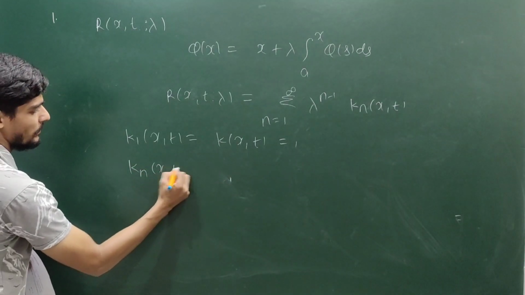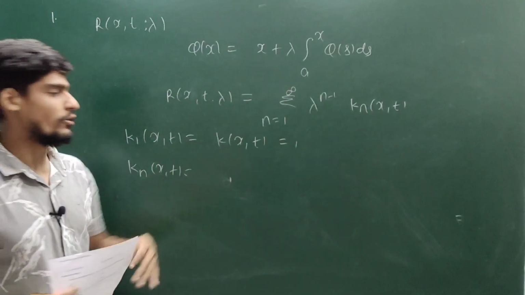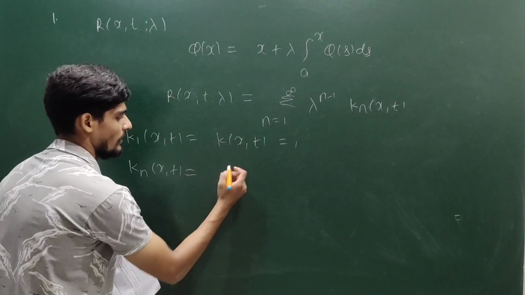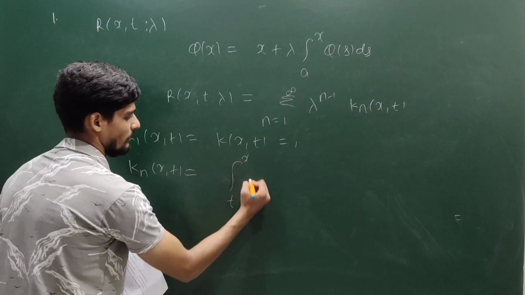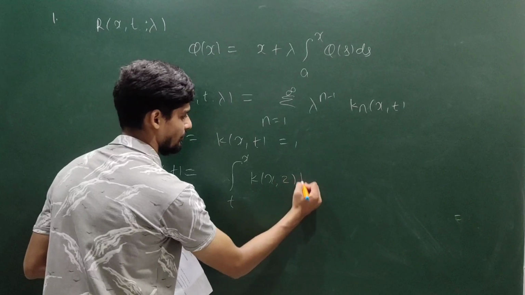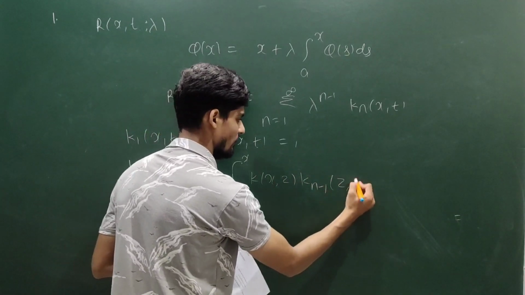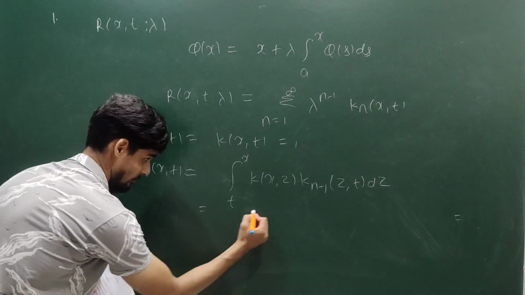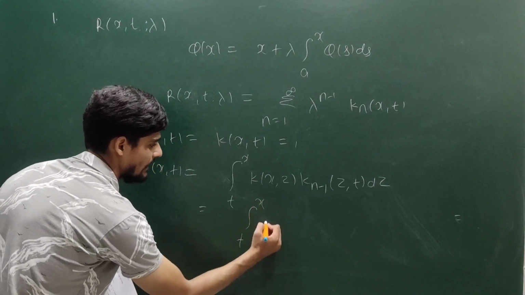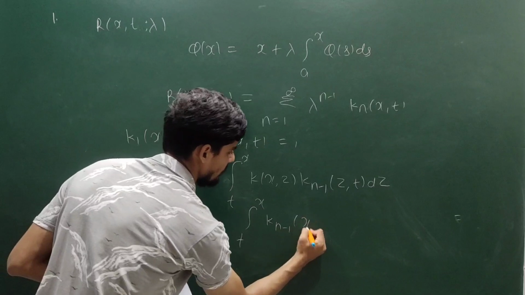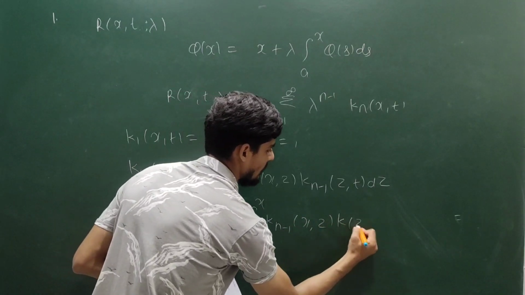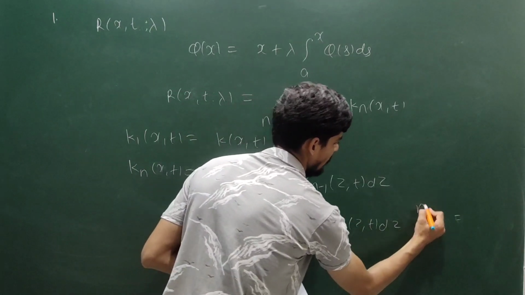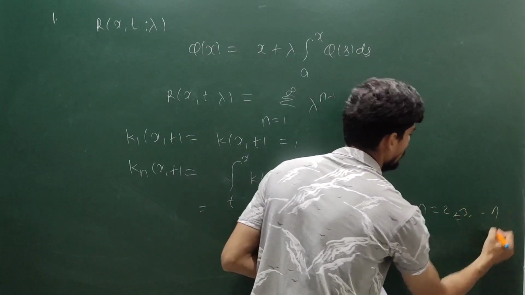And kn(x,t), in case of a Volterra integral equation, is defined as the integral from t to x of k(x,z) kn minus 1(z,t) dz, or you can define it this way, the integral from t to x of kn minus 1(x,z) k(z,t) dz, where n is 2, 3 up to n.